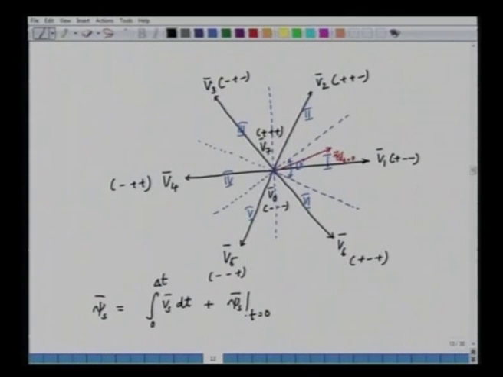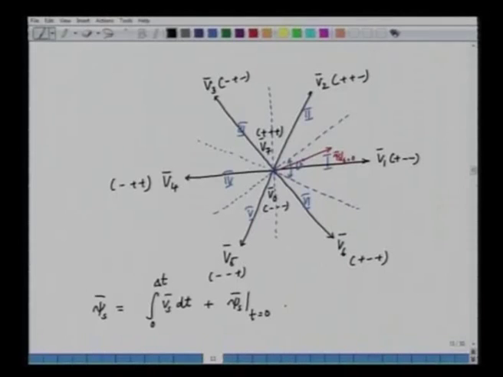So if we want to find out the resultant flux vector, we have to apply a particular voltage vector, that is Vs. Now if Vs is kept constant for a time delta t, we can write this equation as Vs into delta t plus psi s at t equal to 0.